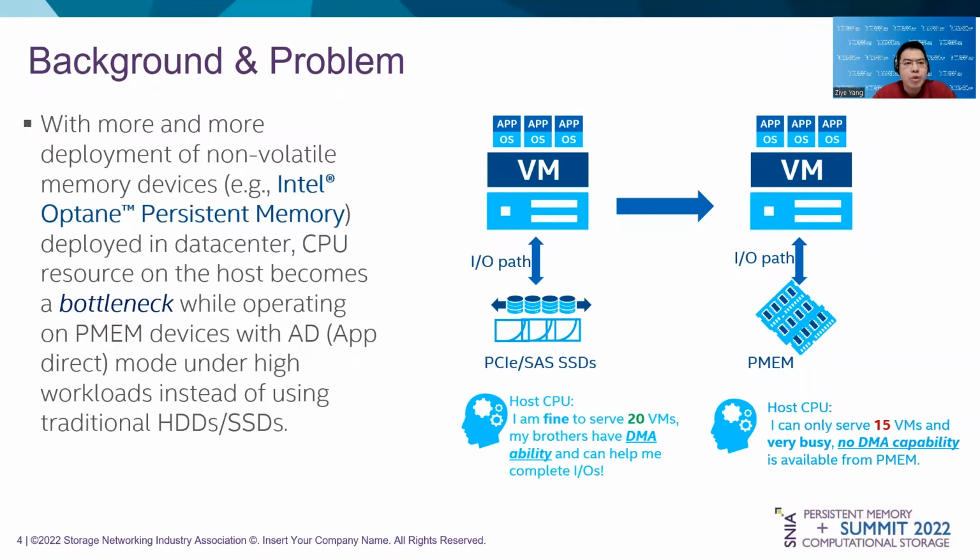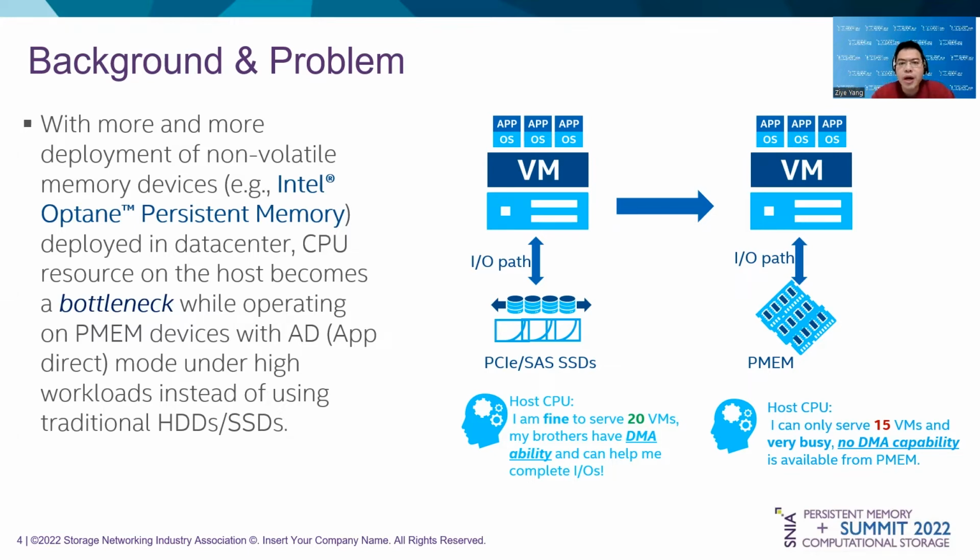With more and more deployment of non-volatile memory devices in data centers, for example, if we deploy Intel's Optane persistent memory, then the CPU resource on the host becomes a bottleneck while operating on persistent memory devices with application direct mode under high workloads, instead of using traditional hard disks or SSDs.